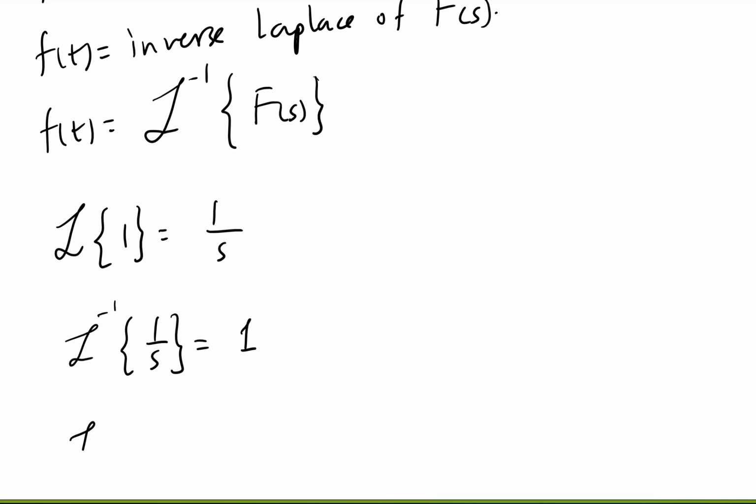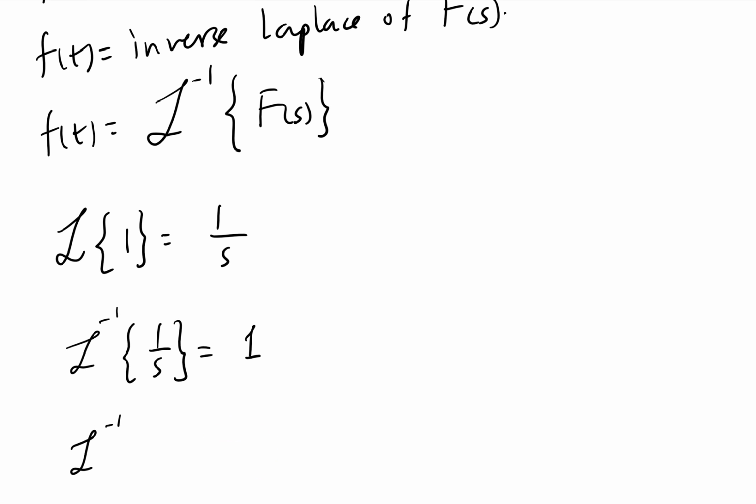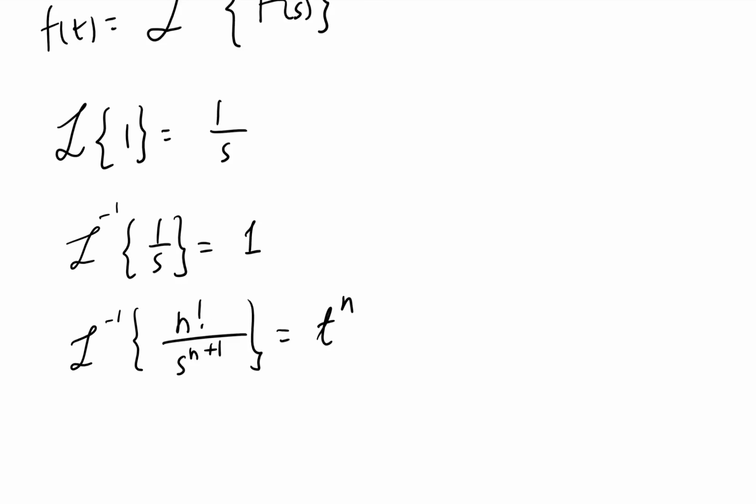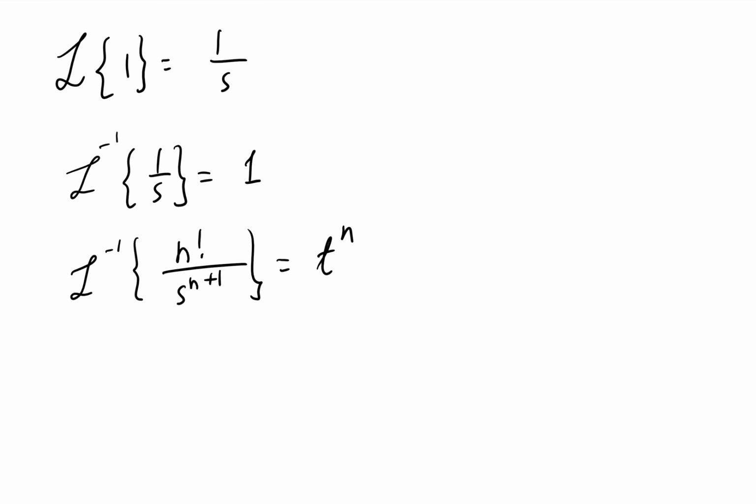In general, the inverse Laplace of n factorial over s to the n plus 1 is t to the n. And we may list all the other inverse Laplace formulas. This one was for e to the at.